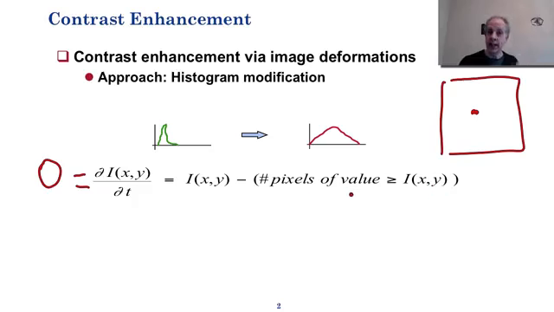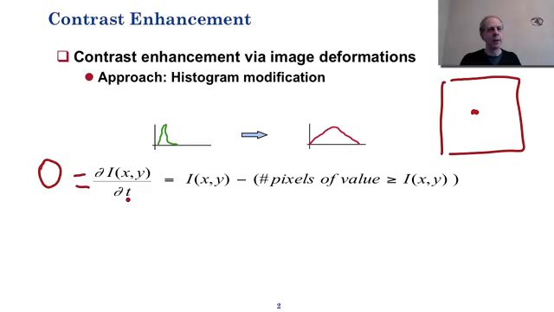And this is exactly, if you go back to your notes on histogram modification, histogram equalization. So this is a very interesting way to achieve histogram equalization. Instead of doing a lookup table, as we learned, we just slowly deform the image towards it.